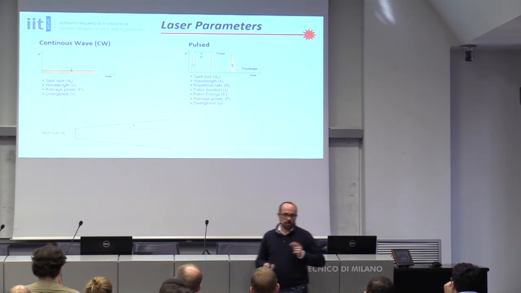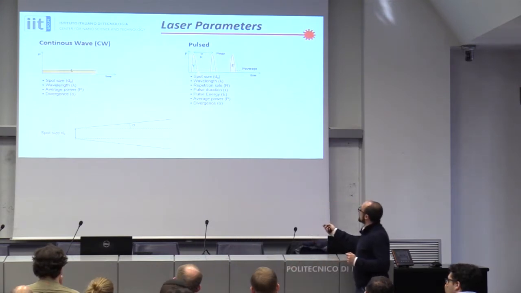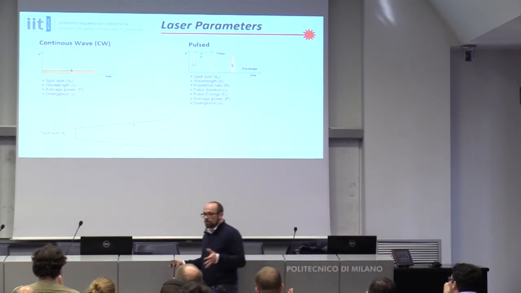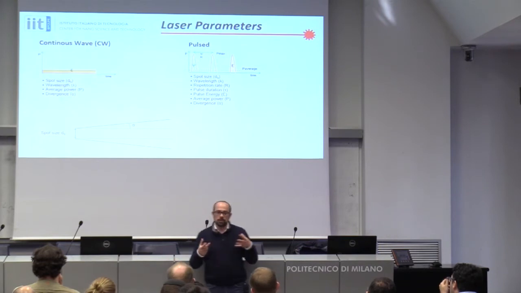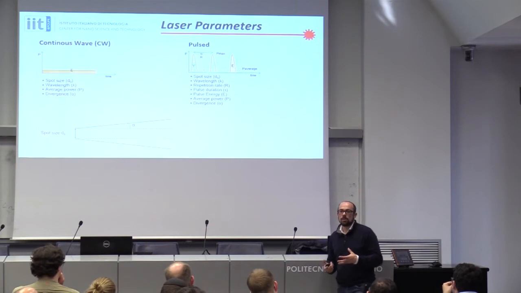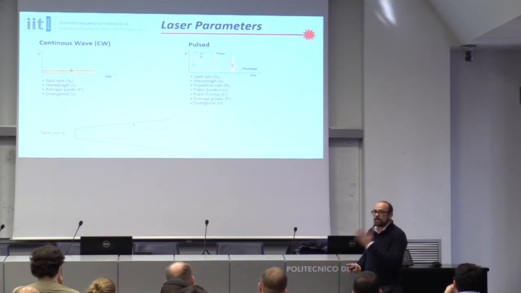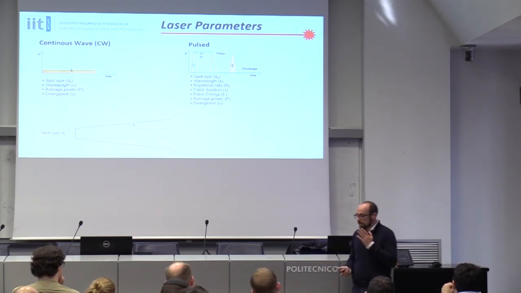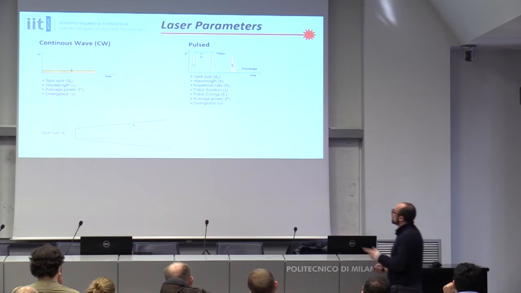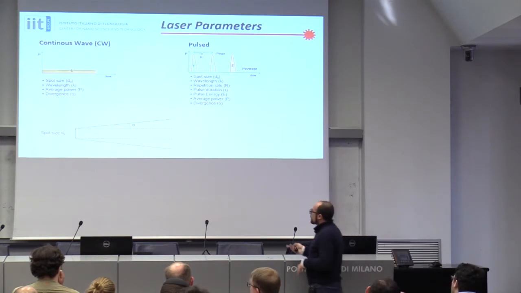And the pulse duration and pulse energy themselves can play a role because, as a rule of thumb, a gradual heating of biological tissue is going to give coagulation, while an instant heating is going to give you vaporization. Okay, so this is a totally different process that happens to biological tissue because of the laser.